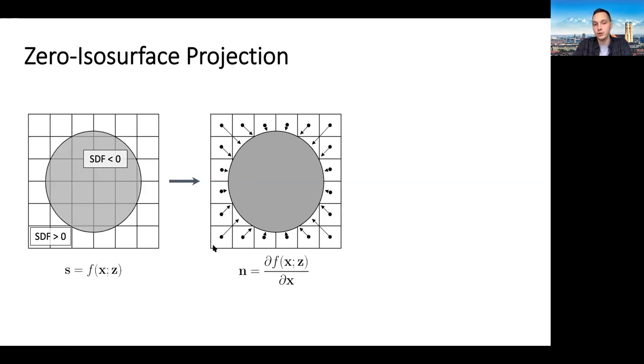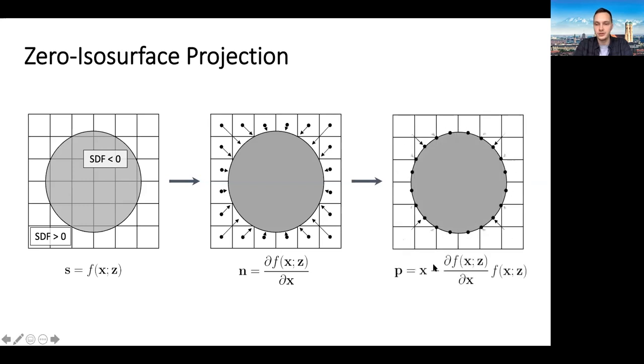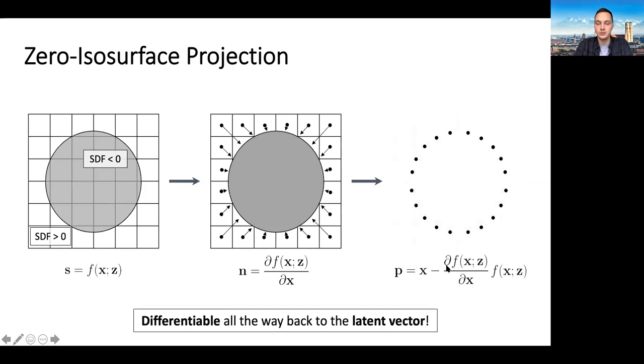And if we have a normal, which is basically a direction to the surface, and we also know the SDF value, which is a distance to the surface, we can simply project the points onto the surface, which can be done very simply like this.